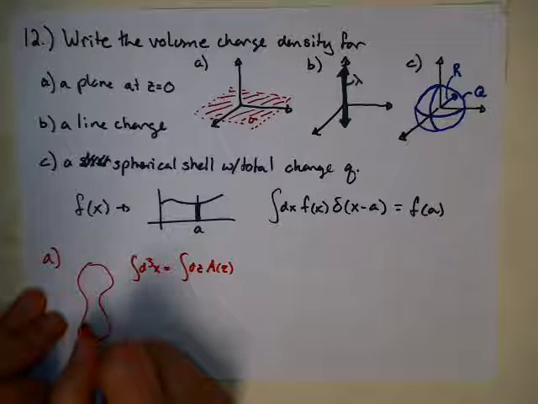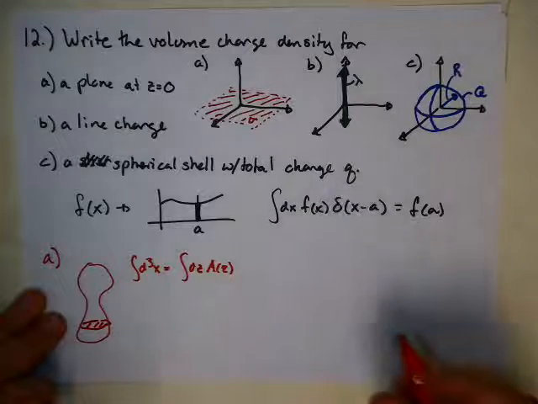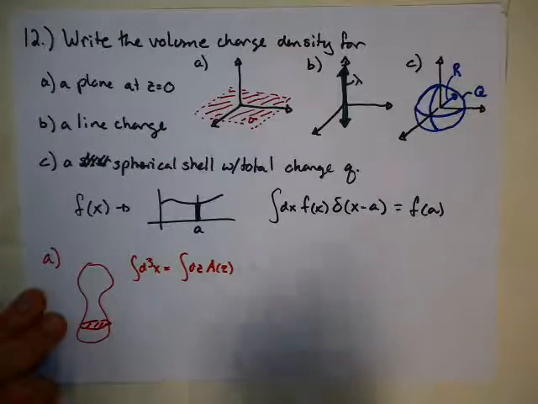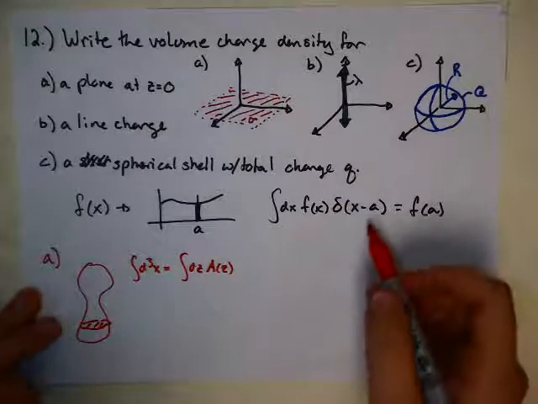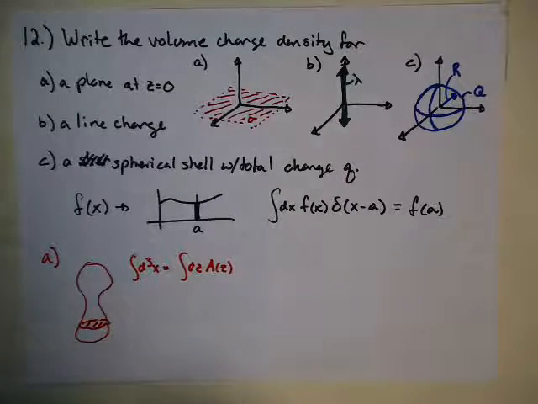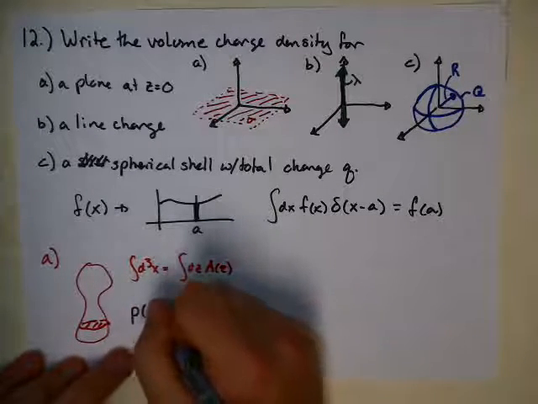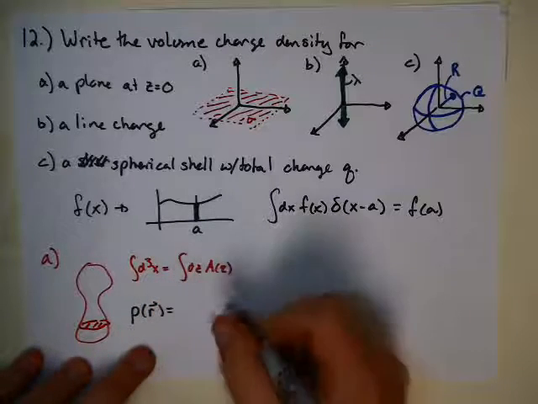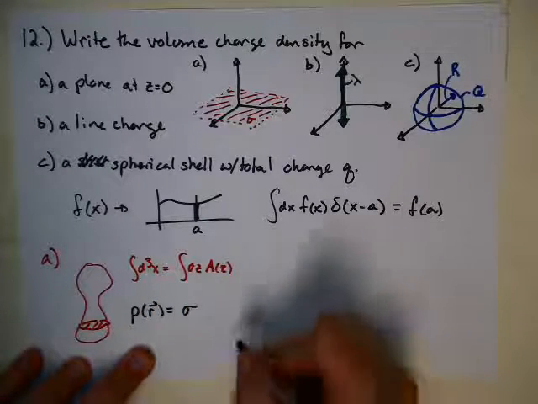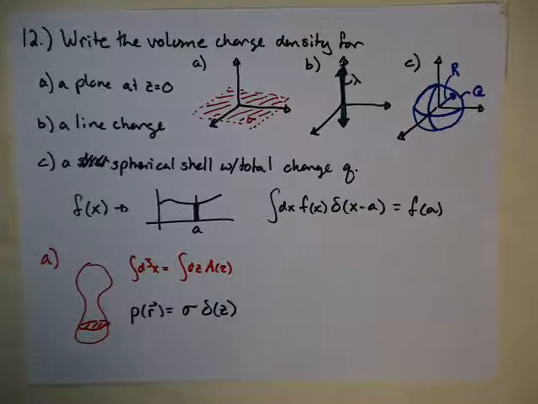If I want to fix it to just z equals 0, I need to have a delta function of z minus 0, or just delta function of z, multiplying this area element. And so the justification that I'm going to give for that is that I can make my rho the surface charge density times the delta function at z equals 0. And that's going to give me the area there.